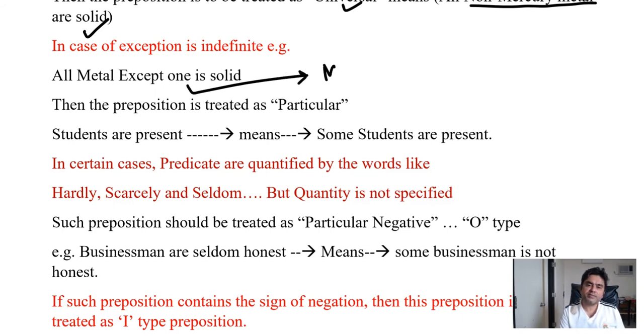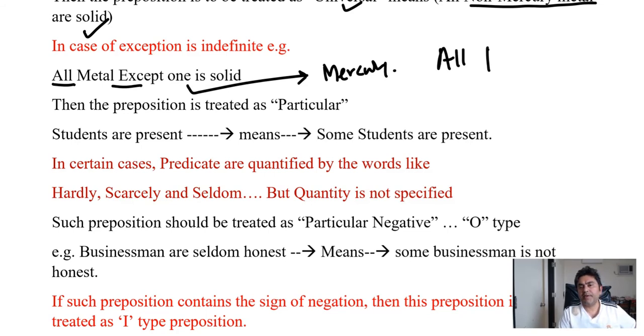The moment the word except comes, it is not a universal proposition, it is treated as particular. So all students except one are present means some students are present.